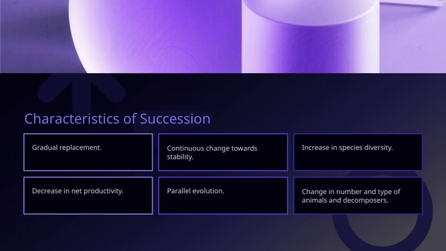Finally, we see the concept of gradual replacement, where earlier species are slowly replaced by more dominant, better adapted species. All these characteristics, changing species composition, increasing diversity, parallel evolution, ongoing stabilization, and species replacement, are fundamental to understanding the process of succession. They demonstrate how ecosystems evolve towards a more stable and mature state, reflecting the overall theme of ecological development and resilience.